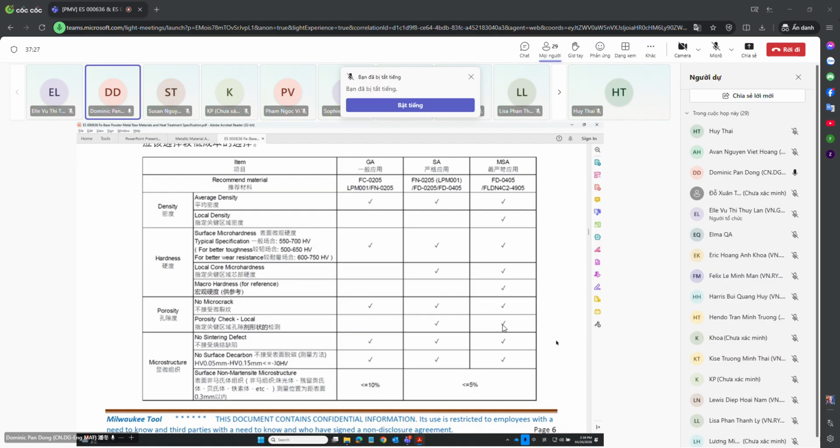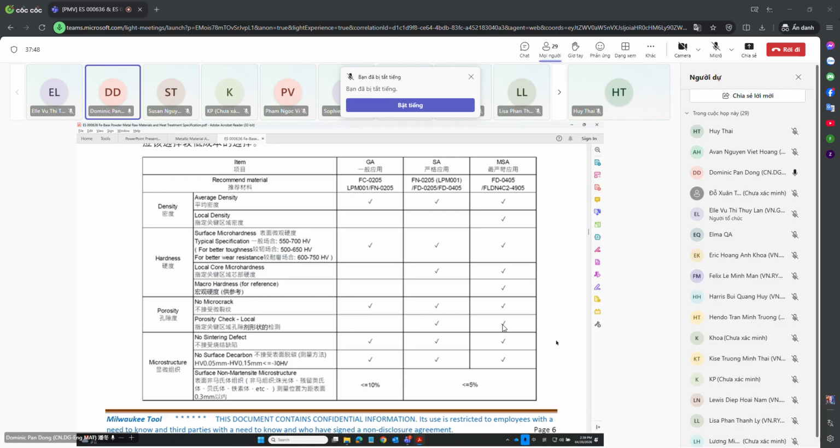So let's look at the MSA, the most severe application. We have limitations and requirements in four different sections: first density, second hardness, third porosity, and fourth microstructure. Each one matters.